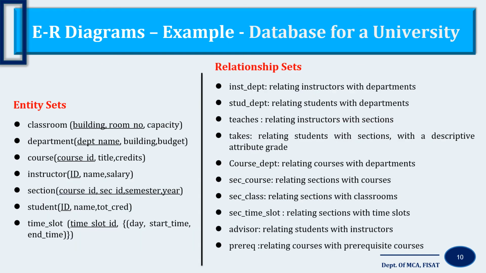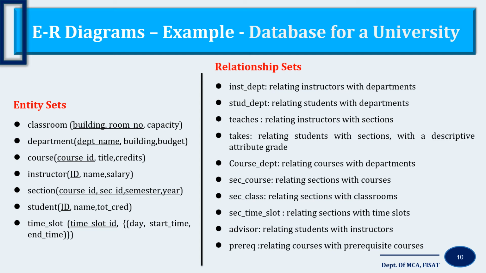From the above scenario, we identified the various entity sets: the department, the course, the instructor, the classroom, section, student, and time slot. The attributes identified are also specified here. So we identified 7 entity sets and the various relationships between them.